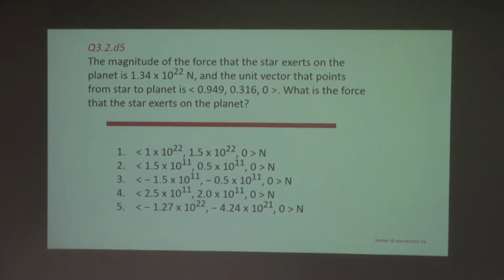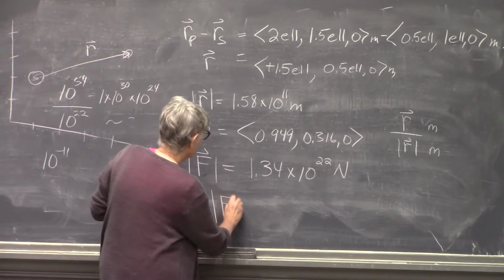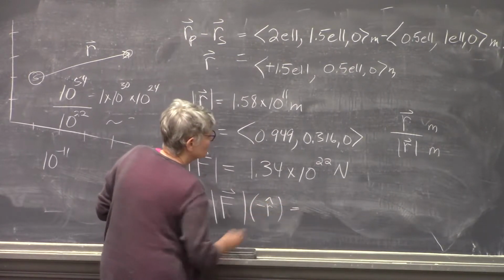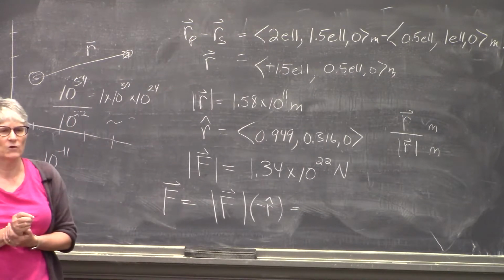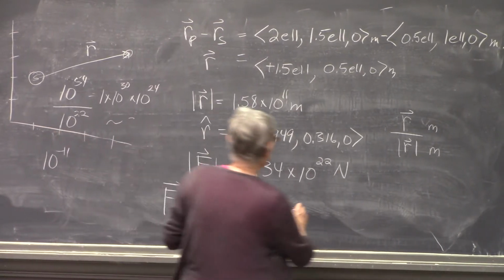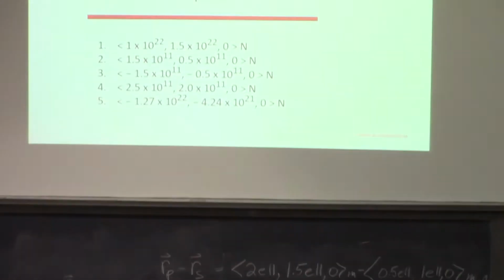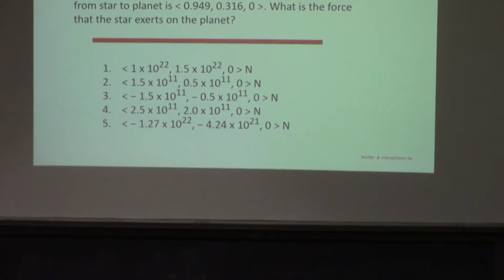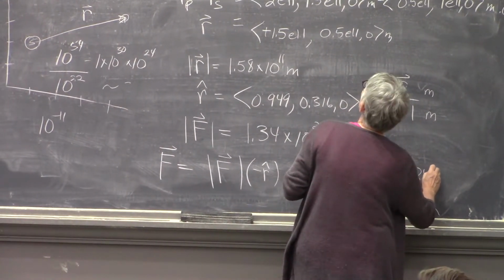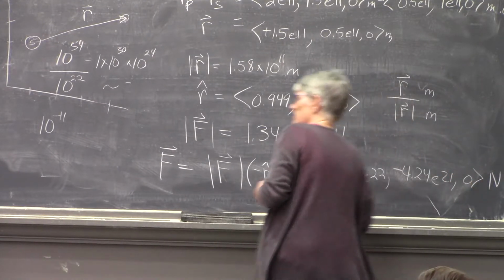We're just multiplying the magnitude by minus r hat, right? So we've got F times minus r hat. So which answer is correct? Yeah, it's 5. So it's minus 1.27 times 10 to the 22, minus 4.24 times 10 to the 21, 0 newtons.